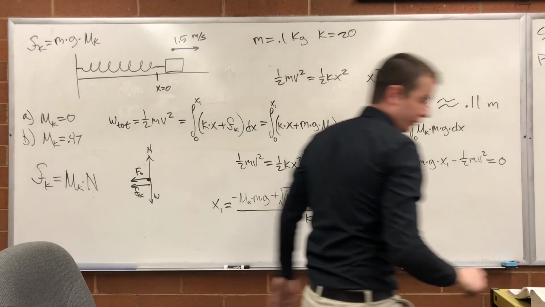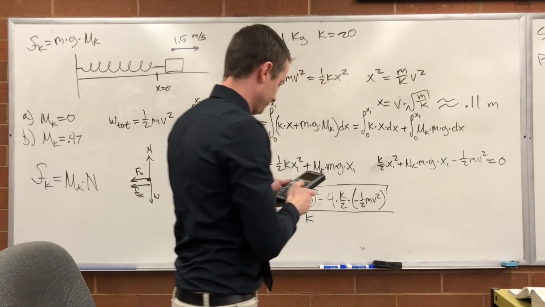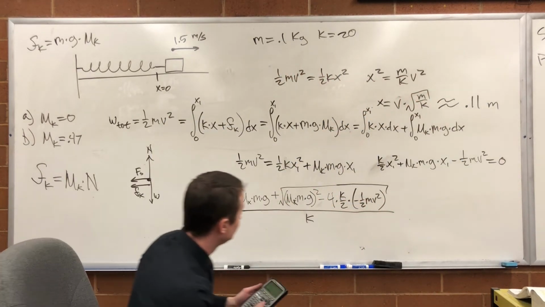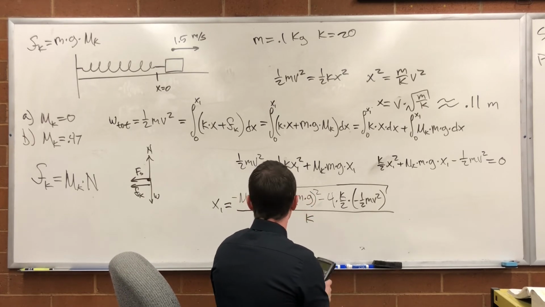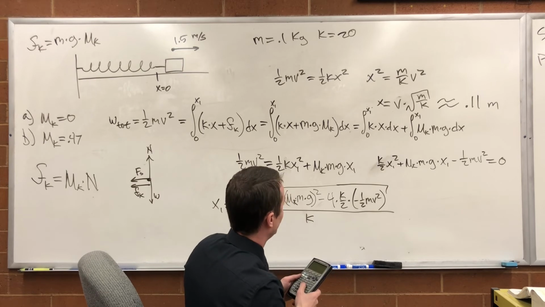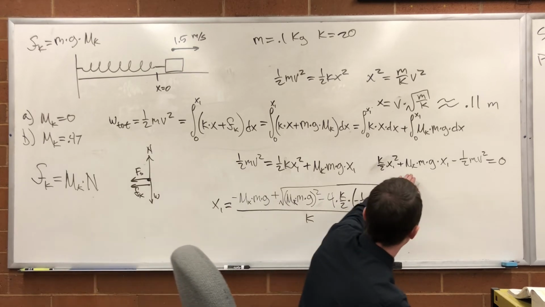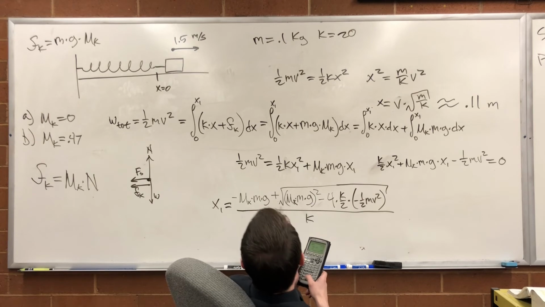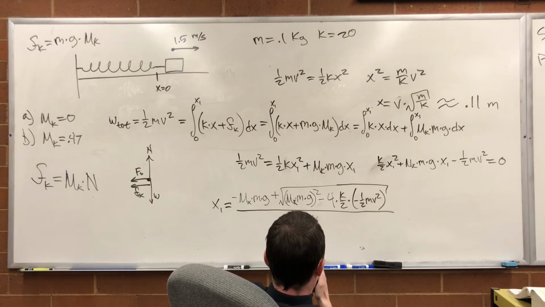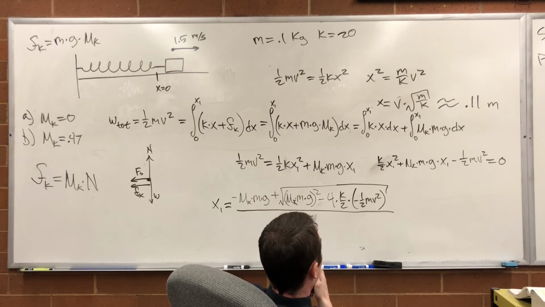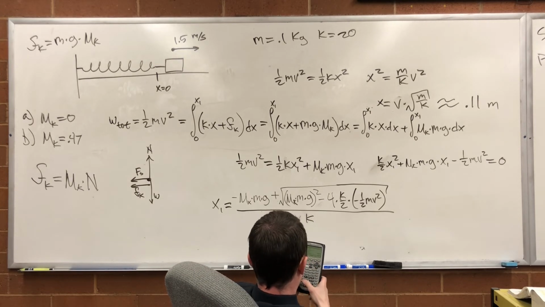So plug in this monster of a formula. Just in case I make a mistake, I'm just going to store these values as numbers. So I'm just going to call this b. So b is equal to, what was mu sub k? 0.47 times our mass, which was 0.1, times 9.8, store in b.